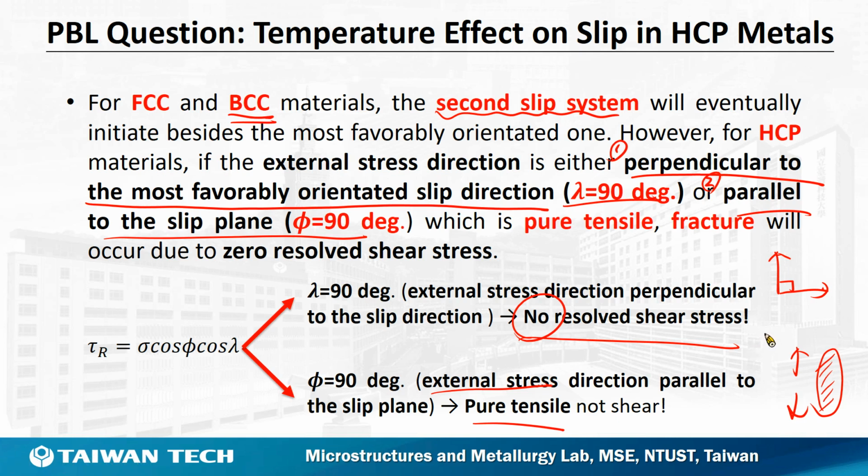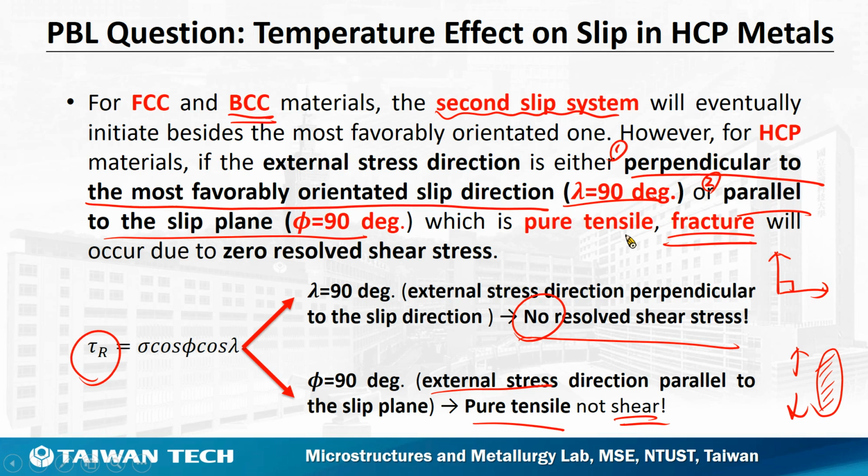So we have a lot of stress, but it belongs to tensile stress. So again, zero stress here. So for these two conditions, there will be zero tau_r here, and fracture will occur due to zero resolved shear stress.